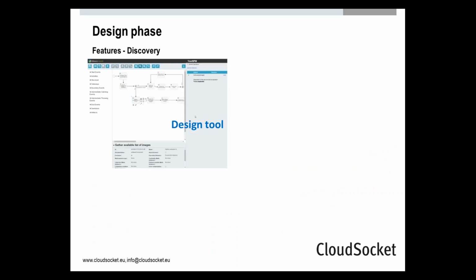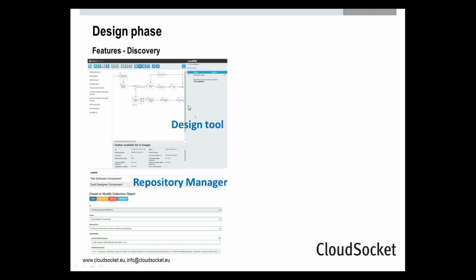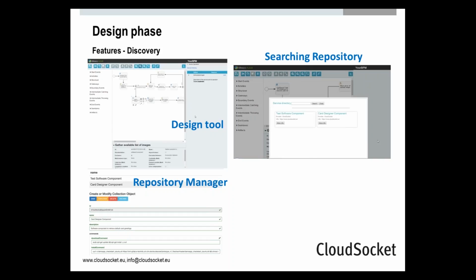How can we do this? We are using the discovery. On one side, we have the design tool, the web page where the technical people introduce the workflow technically. And we have, at the moment, the repository manager, where we can describe the different resources that we have, with keyword values, not semantically.